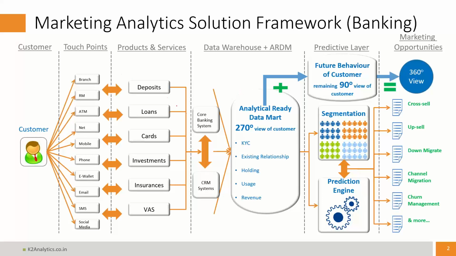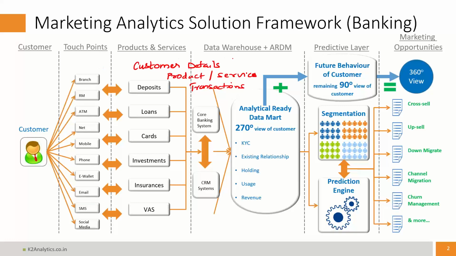When you fetch data from the existing systems, the data will be basically your customer details, the products and services that the customer has already purchased from you, and the transactions that the customer is doing using those products or services.